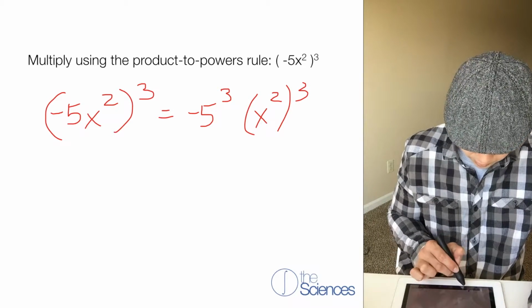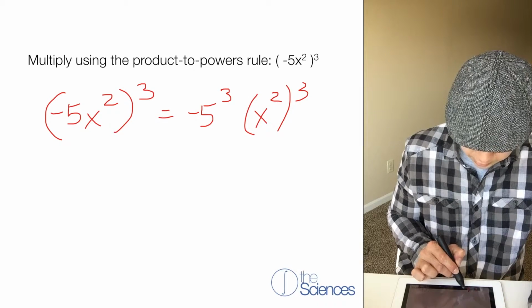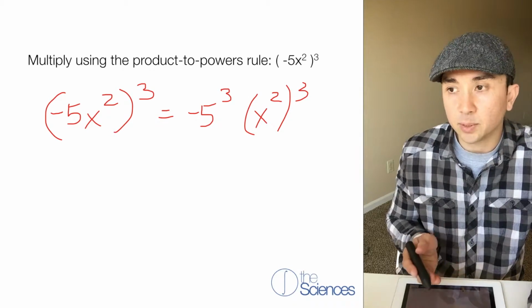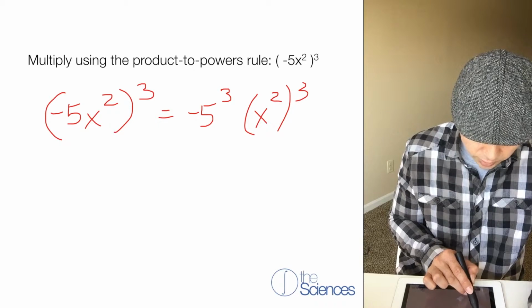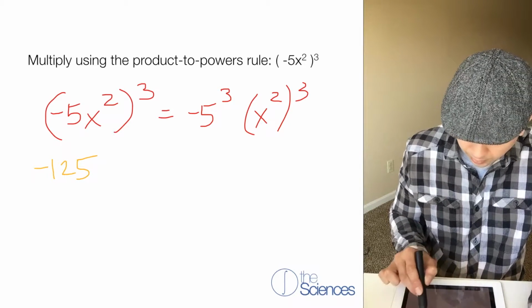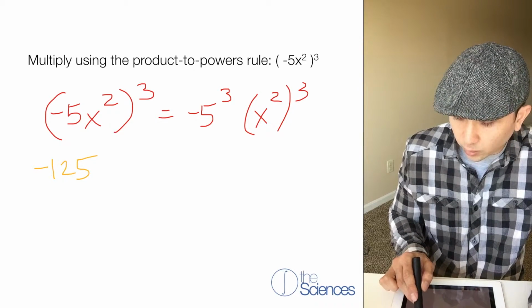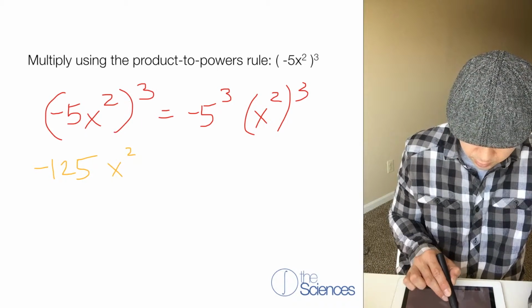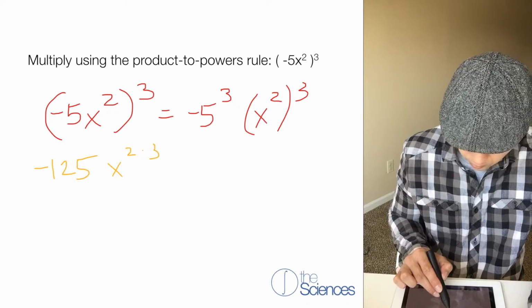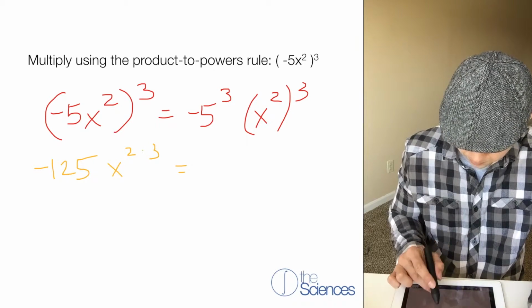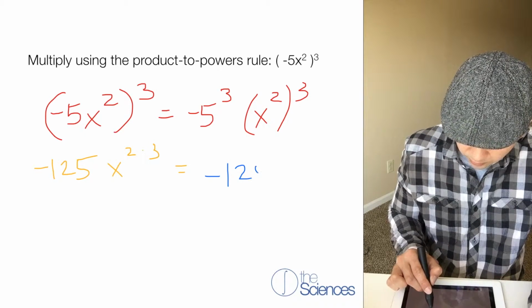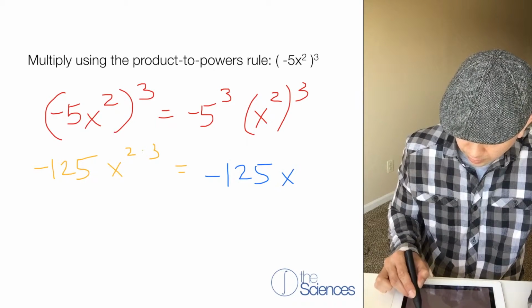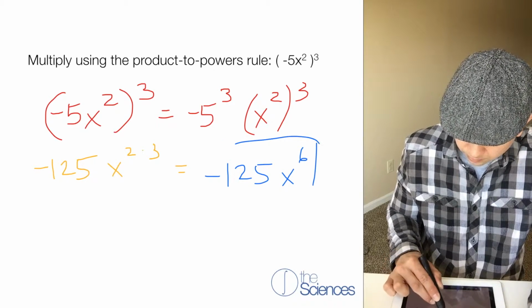So 5 times 5 is 25, times 5 is negative 125, and then x squared raised to the 3rd power is x to the 2 times 3, or negative 125x to the 6th power.